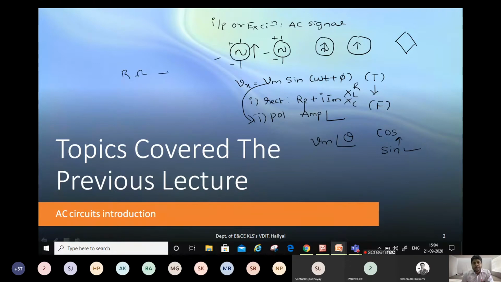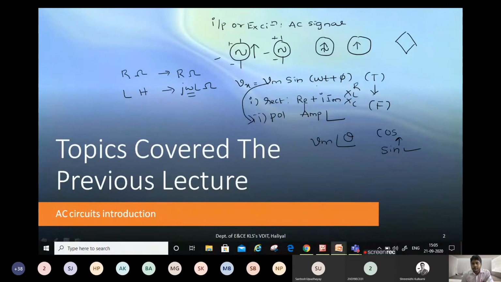Coming to the impedances, the elements are usually given in ohms, so no need to change the value. But if you consider an inductor, it may be given in henries, so this has to be converted into j omega L ohms.